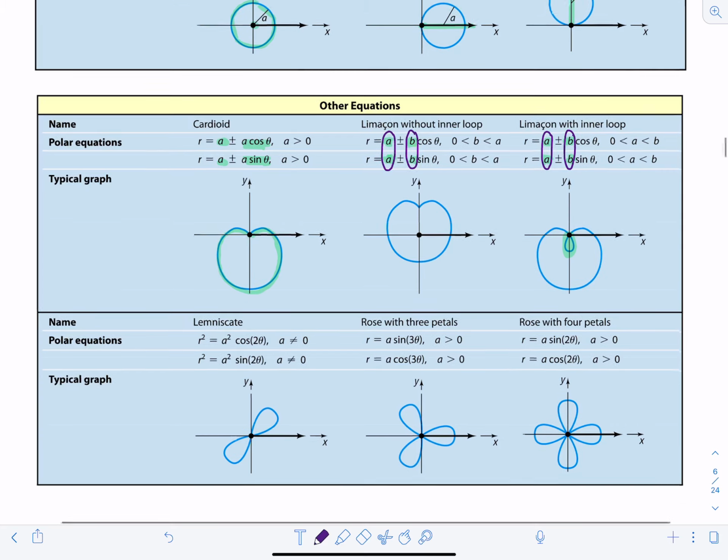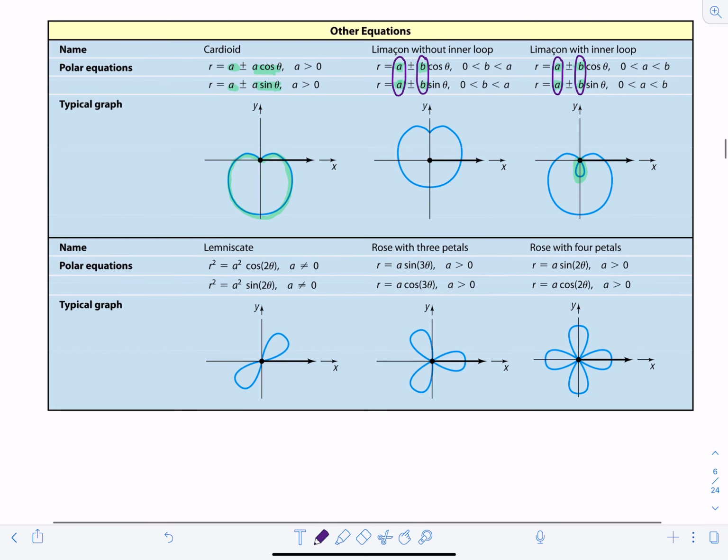Okay, next one, pretty cool, is the lemniscate. And it looks like an infinity sign. And you know you have one anytime you have r squared equals, and it's either a squared cosine 2 theta or a squared sine 2 theta. All right? And then you can have roses, not just 3 petals, 4 petals. You could have 5, 6, etc. But here's how you know how many petals there are.